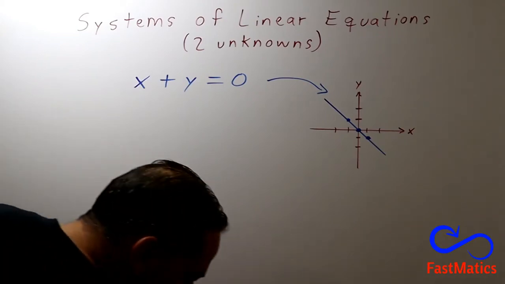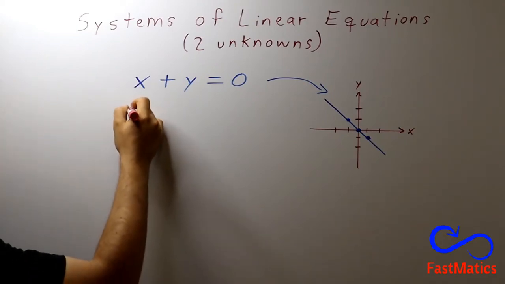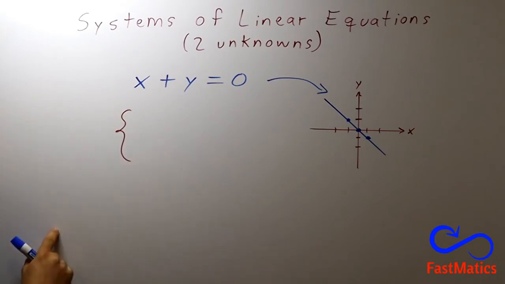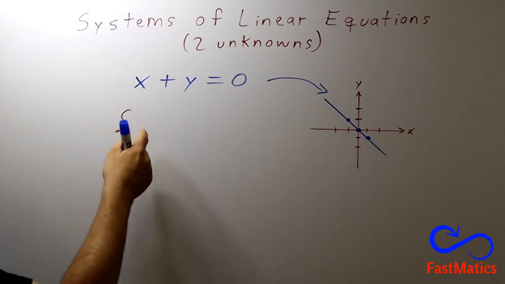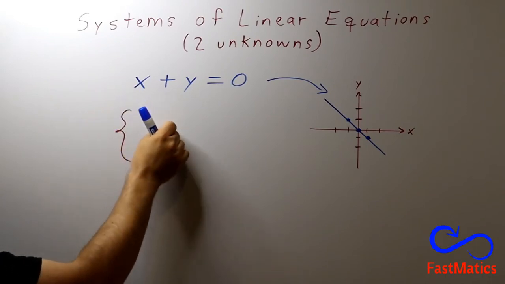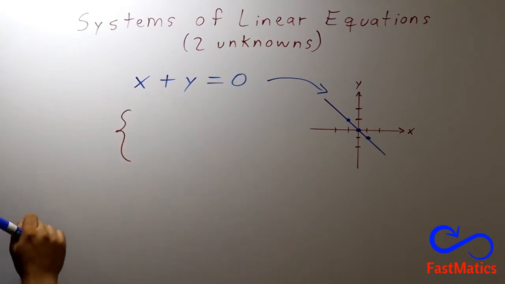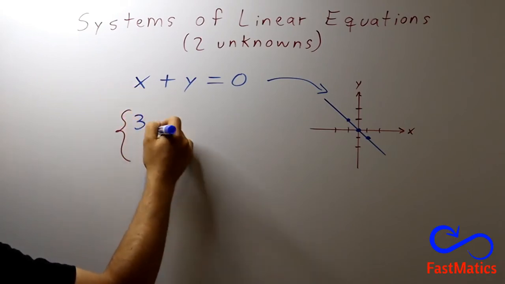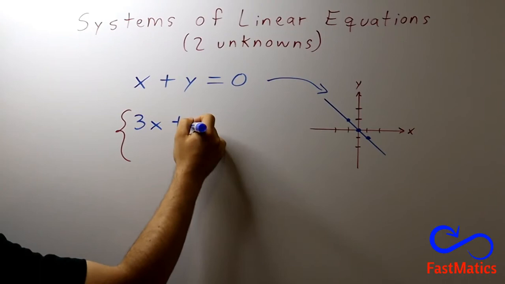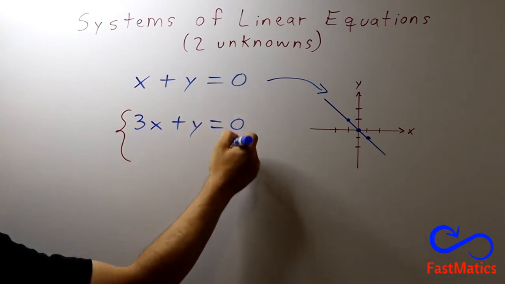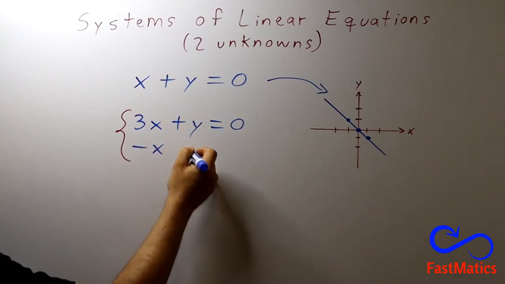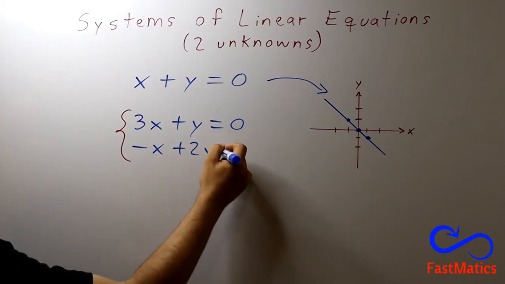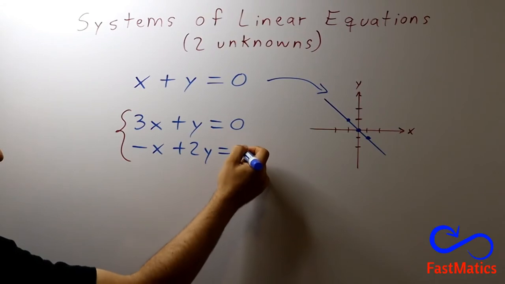But what happens if you want to know, with two equations at the same time, what's the solution? What's the common point for the two equations? Well, then, for instance, you have 3x plus y equal to 0 and negative x plus 2y equal to 1.